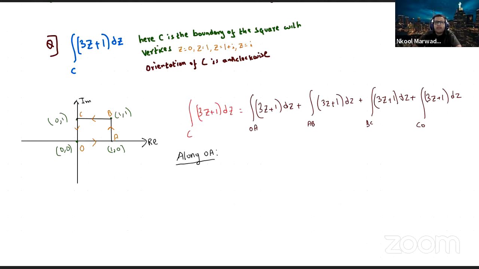Ultimately we should know the equation of the curve, and here the curve is the line OA, which overlaps with the x-axis. So y equal to 0 will be the equation, and dy will also be 0.